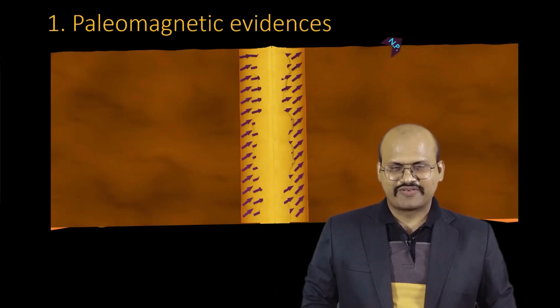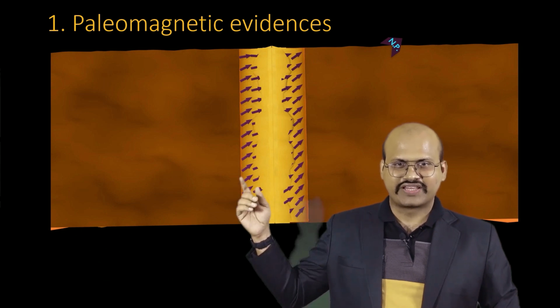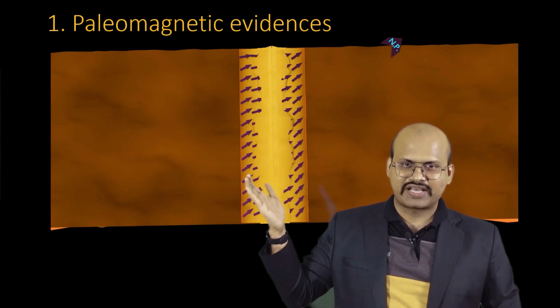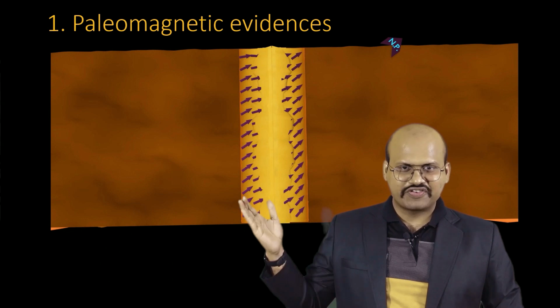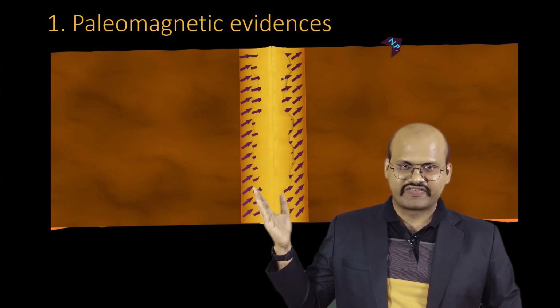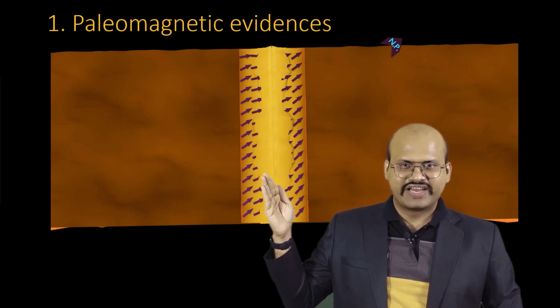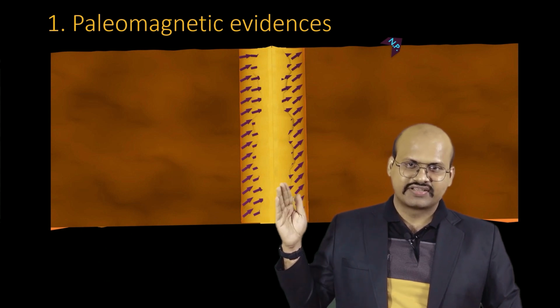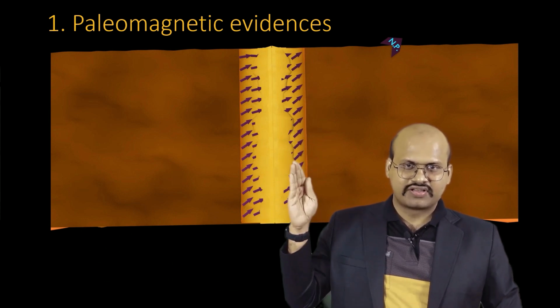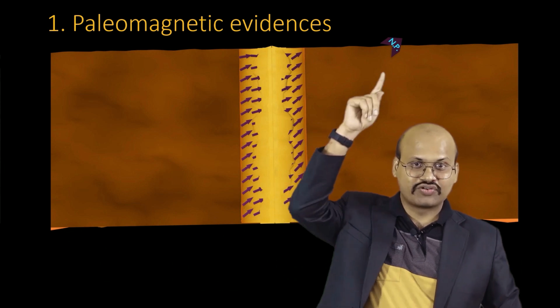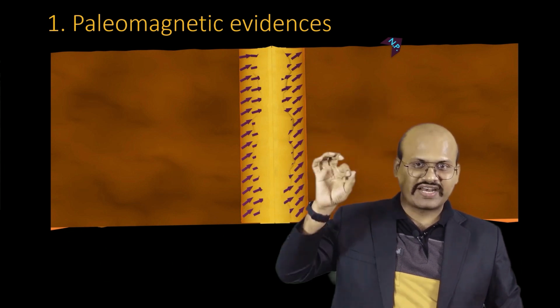Now in this diagram, we can see a seafloor where there is a mid-oceanic ridge and magma is coming out from it. The magma which comes out from this rift valley or from this mid-oceanic ridge solidifies on both sides. The solidified rocks have their magnetic elements pointing towards the magnetic north pole at that time period.